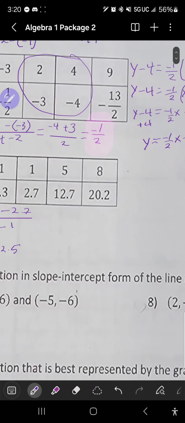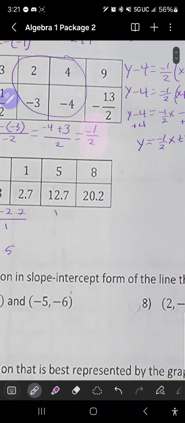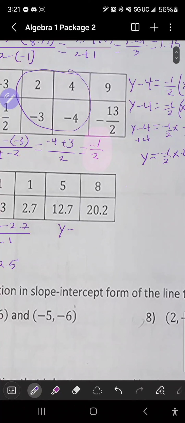Now this is our slope, so we use the equation and we have that y minus 2.7 equals 2.5 times x minus 1. So I have that y minus 2.7 is equal to 2.5x, and now 2.5 times negative 1 is just negative 2.5. Now we add 2.7 on both sides.